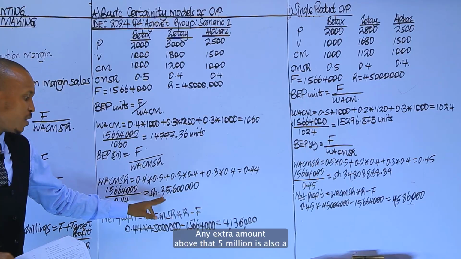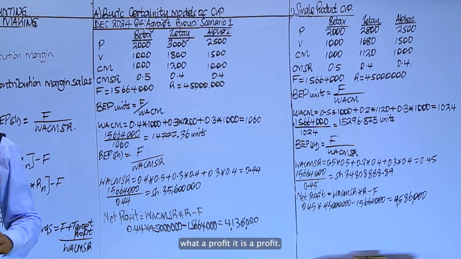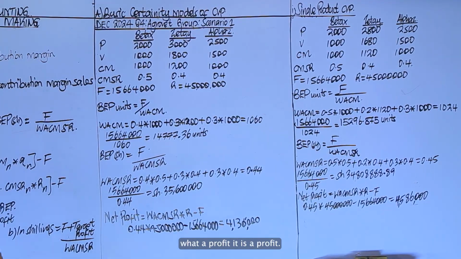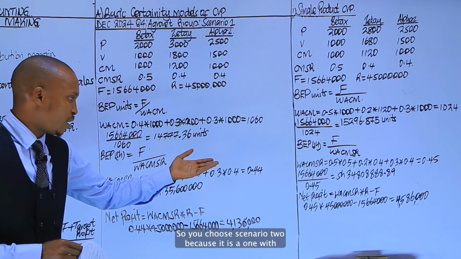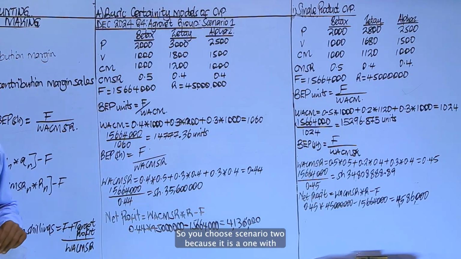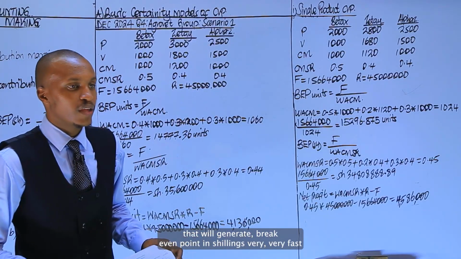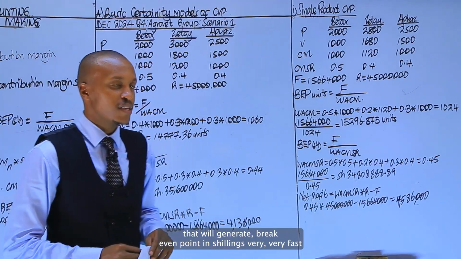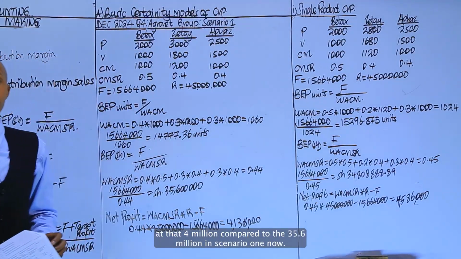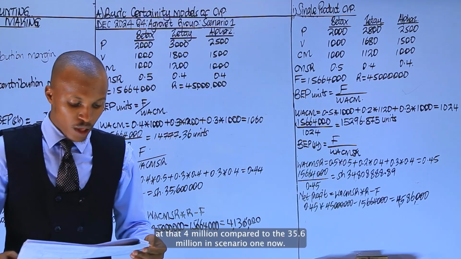Any extra amount above 35 million is also a profit. So you choose scenario 2 because it will generate a break-even point in shillings very fast at 34 million compared to 35.6 million in scenario 1.